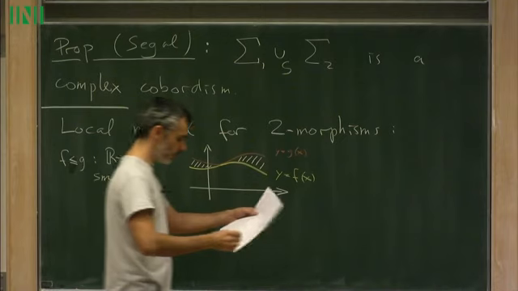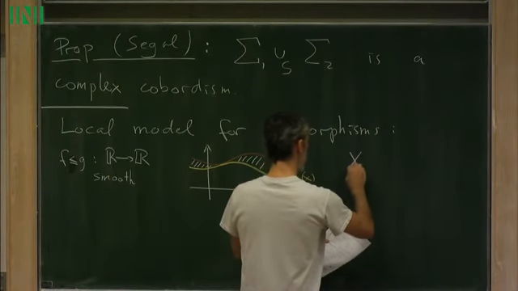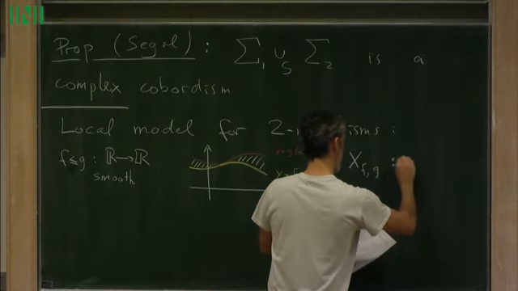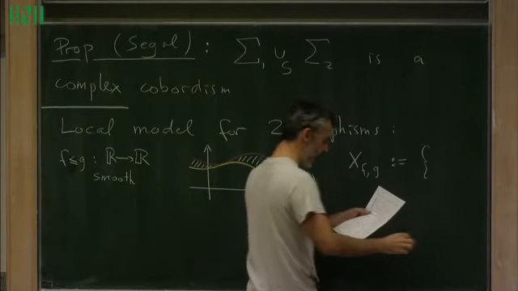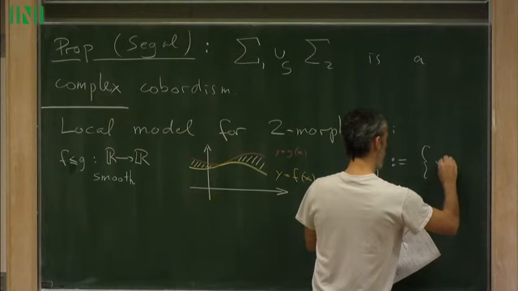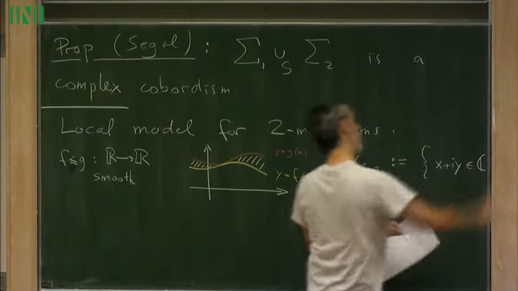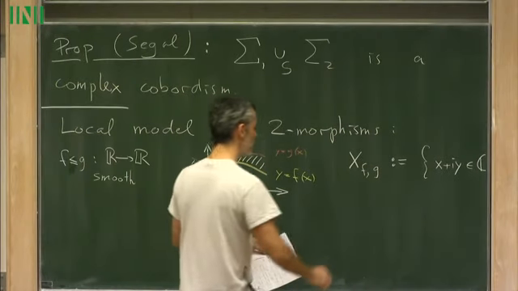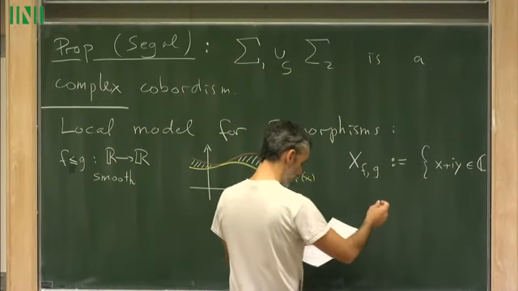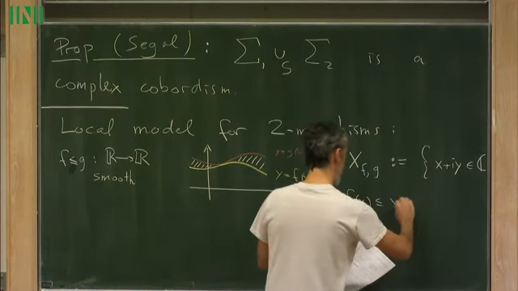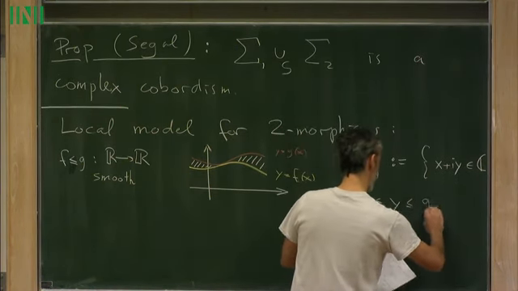So let me write X sub fg to be the set of points x plus iy in the complex plane, such that, well, the obvious thing, f of x is smaller or equal to y, which is smaller or equal to g of x.